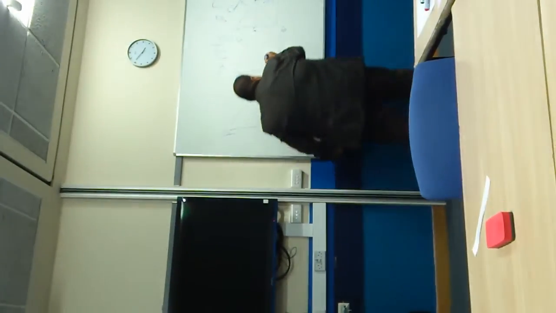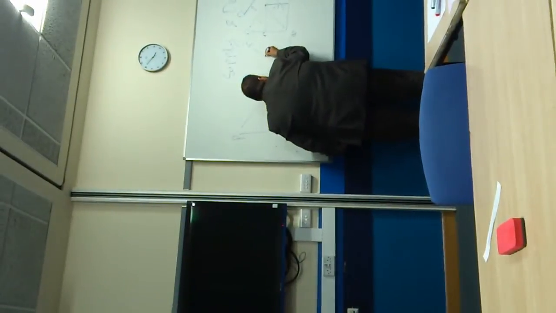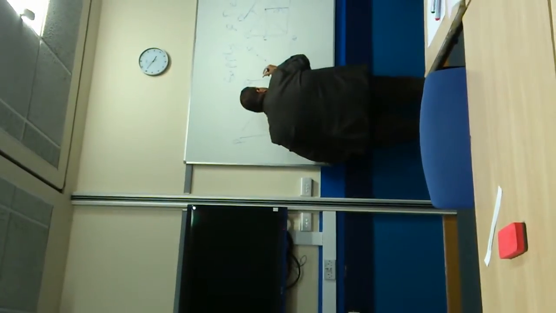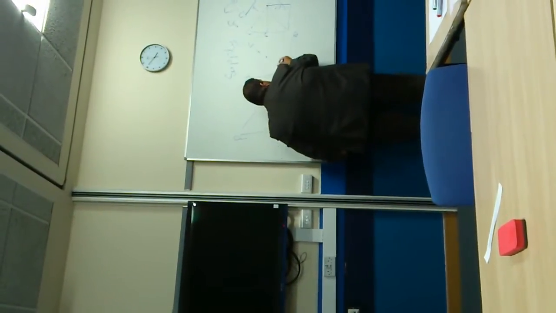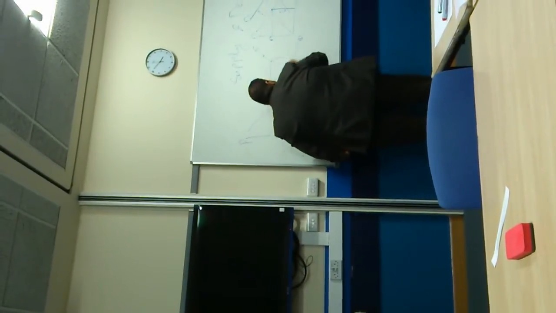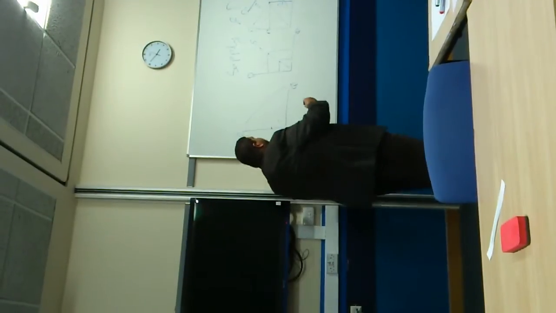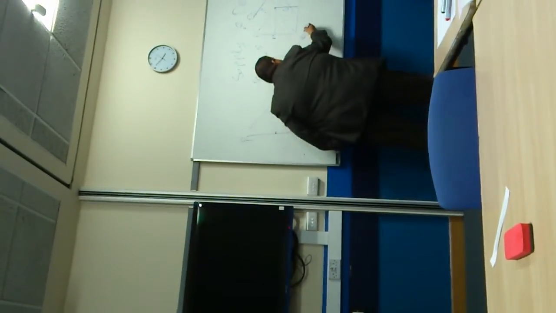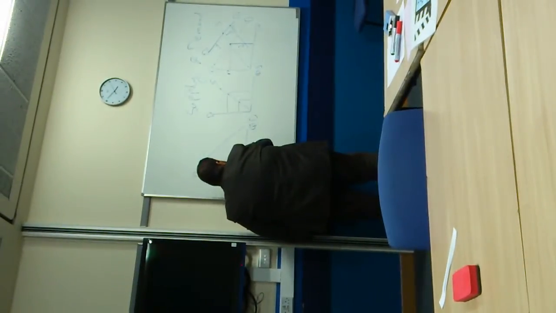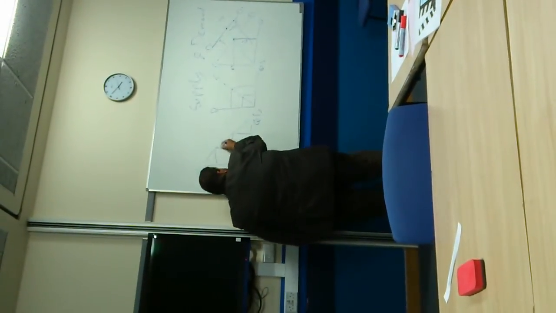Okay? So the only factor that can move the quantity supplied from one point to another along the curve is a change in price. Okay? And the only factor that can move the quantity demanded along the curve from one point to another is also a change in price.